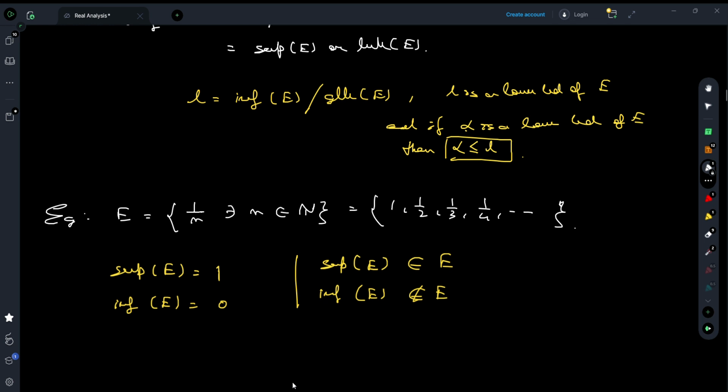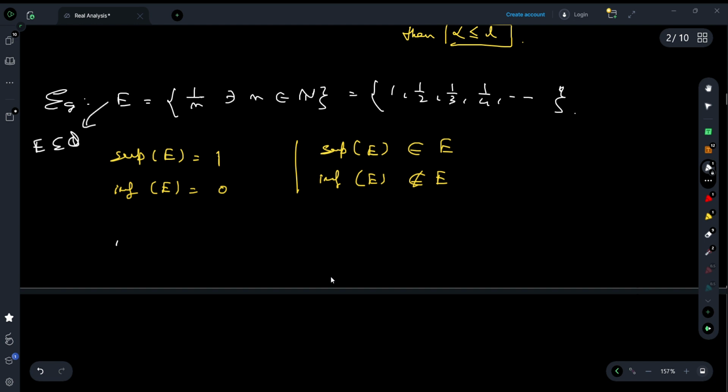They may not be inside the set, but they exist outside the set, like in this case. If you consider E to be a subset of the rationals, then obviously the infimum is in the rational numbers. So it's not mandatory for the supremum and infimum of a certain set to be inside that set. It can be outside that set. Is it clear?